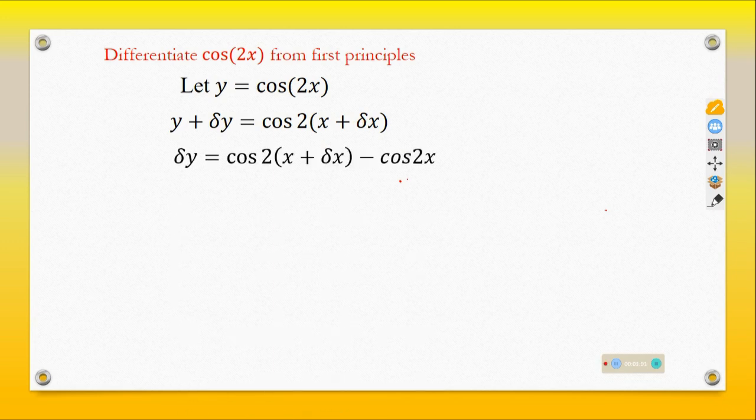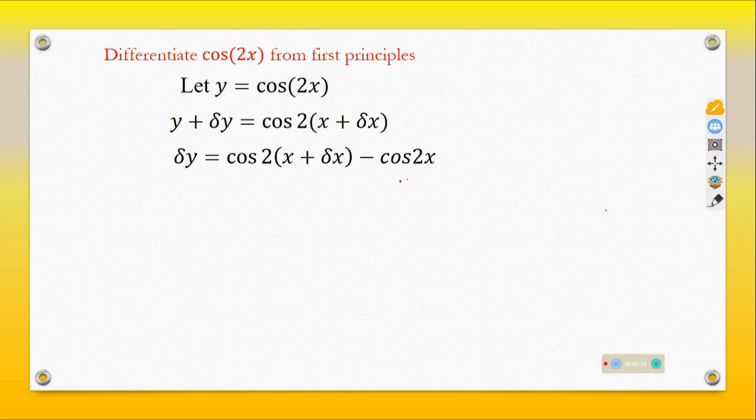So, we shall make delta y the subject. Bringing y to the other side, it becomes minus y, but y is cos 2x. So for that case, we shall have delta y, which is equal to cos of 2 into x plus delta x minus cos of 2x.